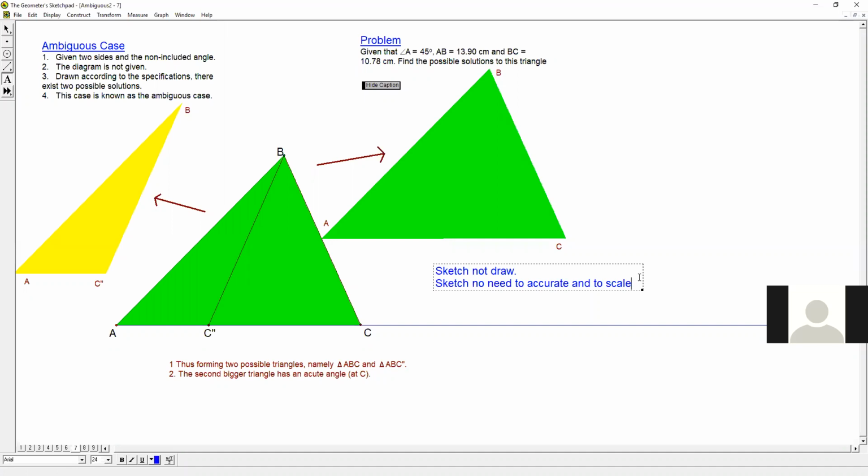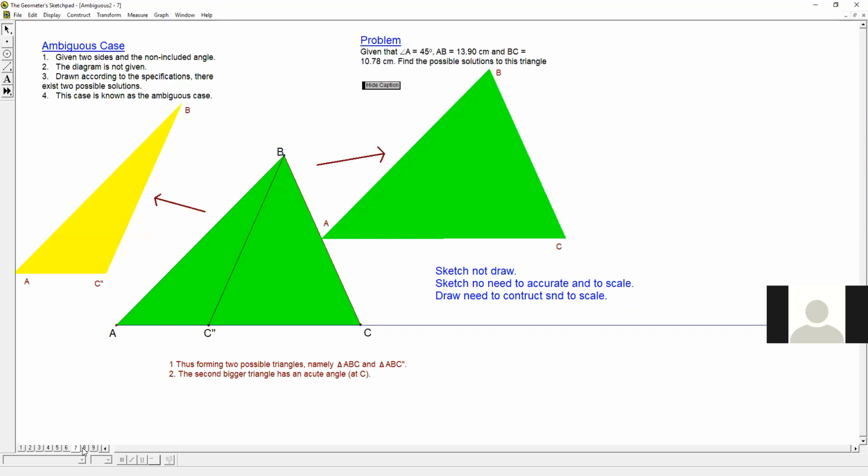If they ask you to draw, then you have to construct and use a very accurate scale. So that is the difference between draw and sketch. All you need to do is sketch. So don't worry about the exact length. Whatever triangle they give you, you just draw something like I've drawn here, but the labels are slightly different.